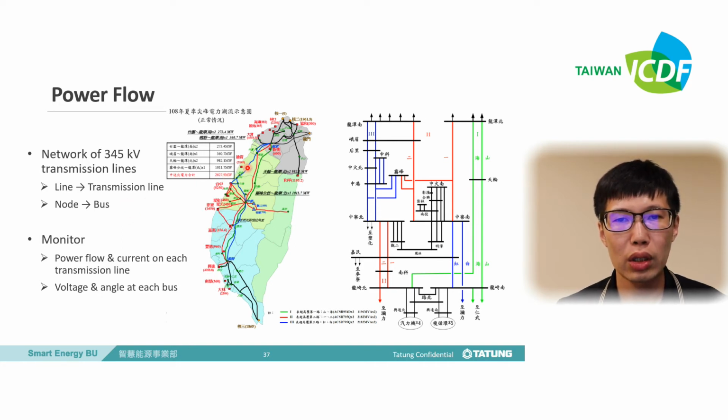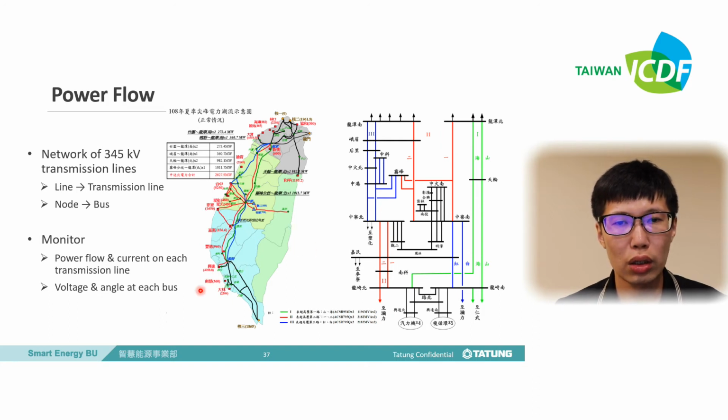And the green, red, and blue lines are the 345 kilovolts transmission lines in Taiwan. And here is the network of the transmission lines.